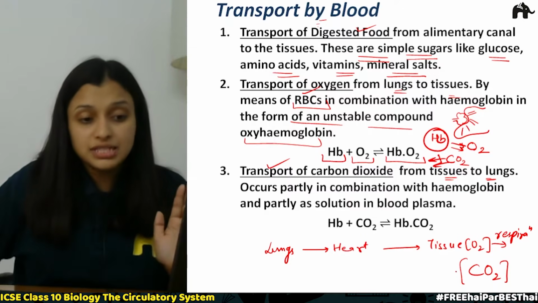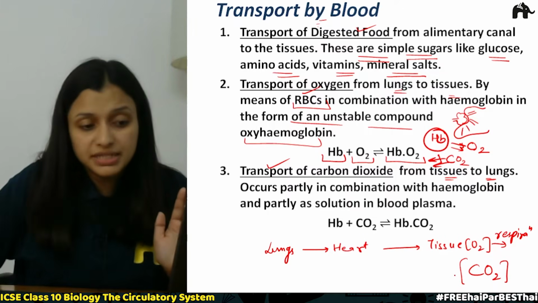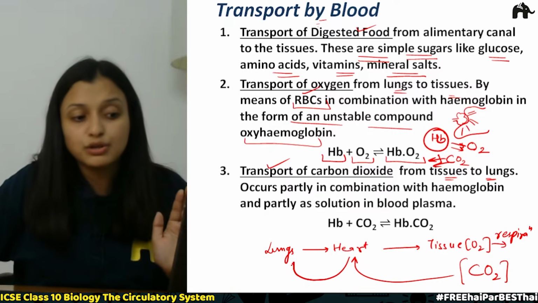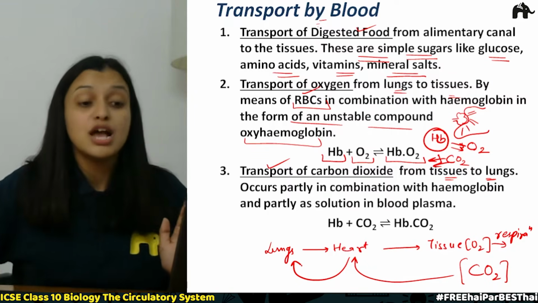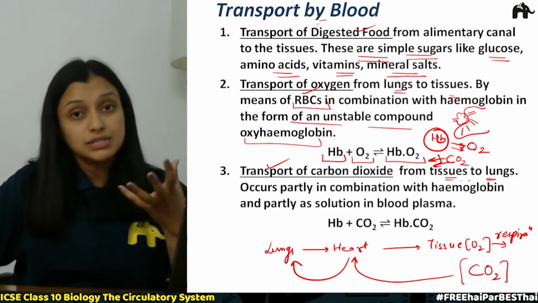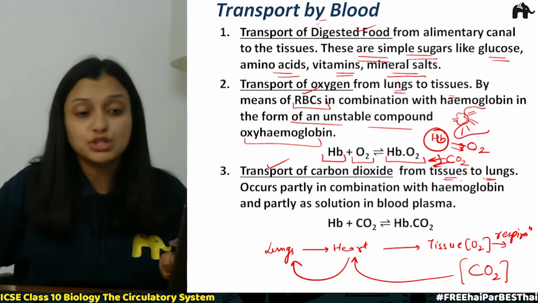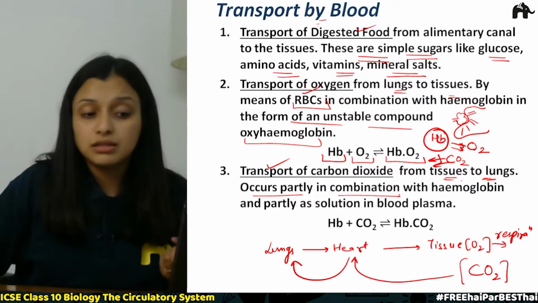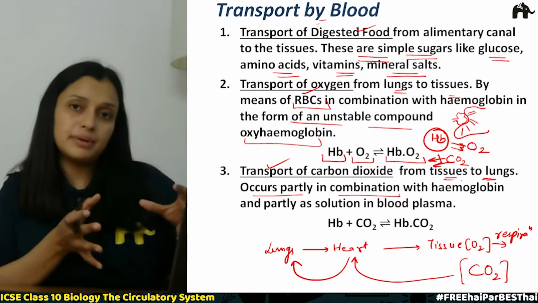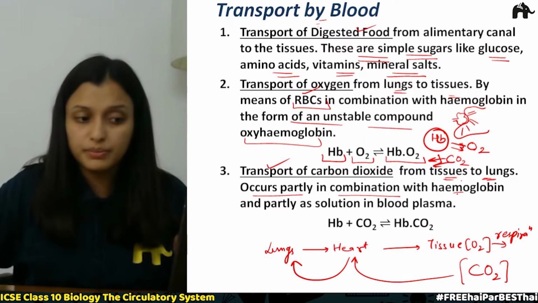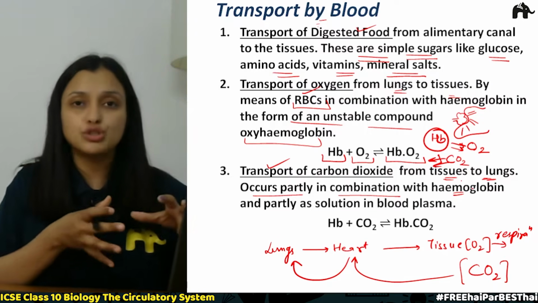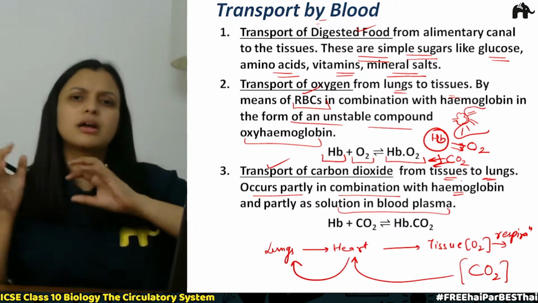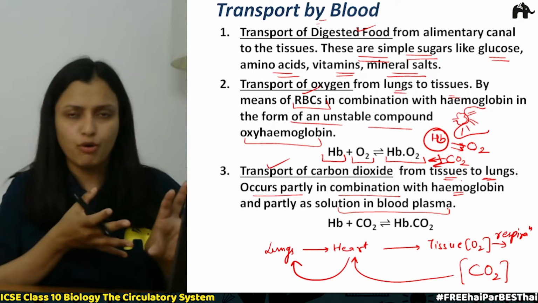Now this carbon dioxide will be taken back to the heart, and from the heart it is given back to the lungs for oxygenation. So it transports carbon dioxide from tissues to lungs, right? Partly the transport of carbon dioxide happens with hemoglobin, and partly it is in solution form. It makes a solution with our blood plasma, and partly the carbon dioxide is transported in that form.